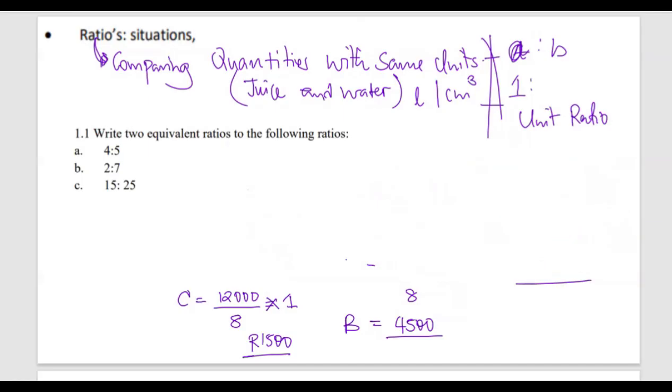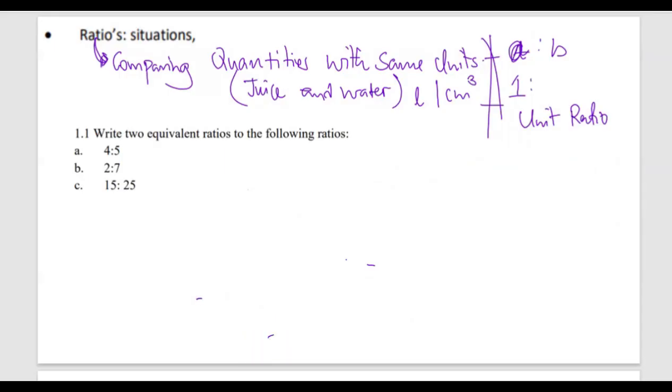I'll show you now what's meant by equivalent fractions.